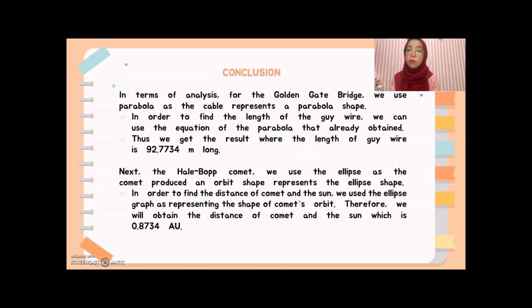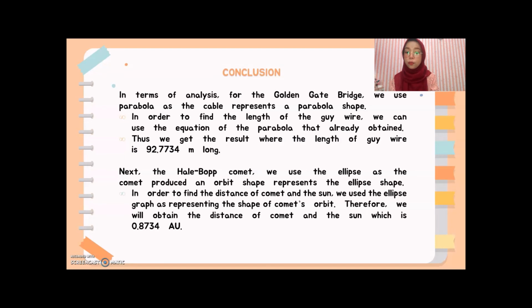Next, in terms of analysis for the Golden Gate Bridge, we use a parabola as the cable represents a parabola shape in order to find the length of the guy wire. We can use the equation of the parabola that we already obtained. Thus, we get the result where the length of the guy wire is 92.7734 meters long.